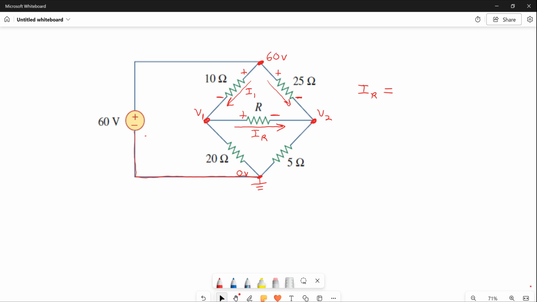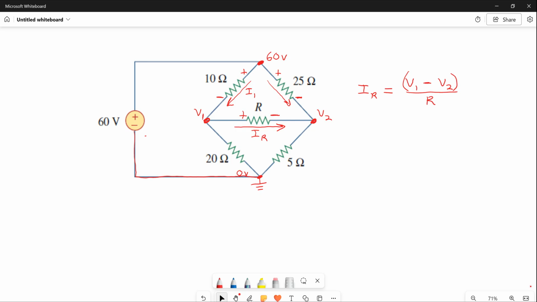That's where the passive sign convention comes in. It's the voltage on the positive side, which is V1, and you subtract the voltage on the negative side, which is V2, and you divide it by R.